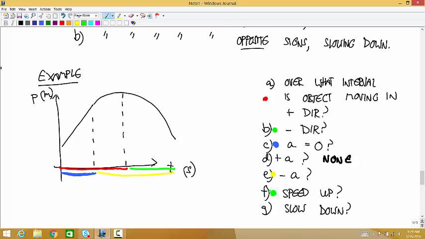And then, is there any region where it's slowing down? Yep, exactly. So in this region between these two, you have an acceleration that's down because it's concave down, and you have a positive slope. They have opposite signs, so it's slowing down. Exactly.